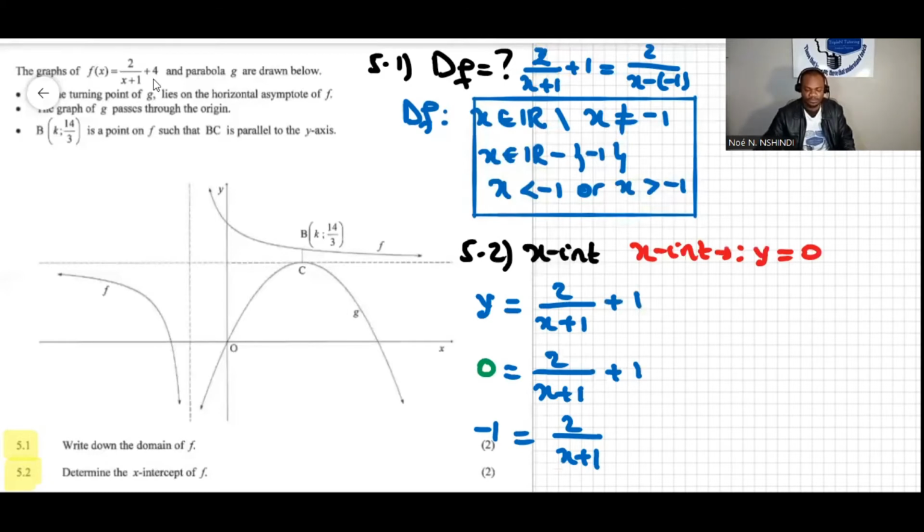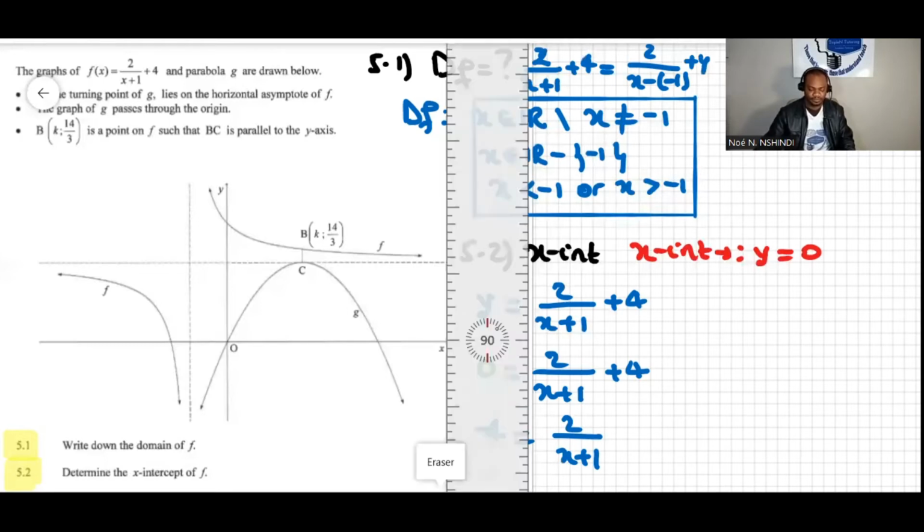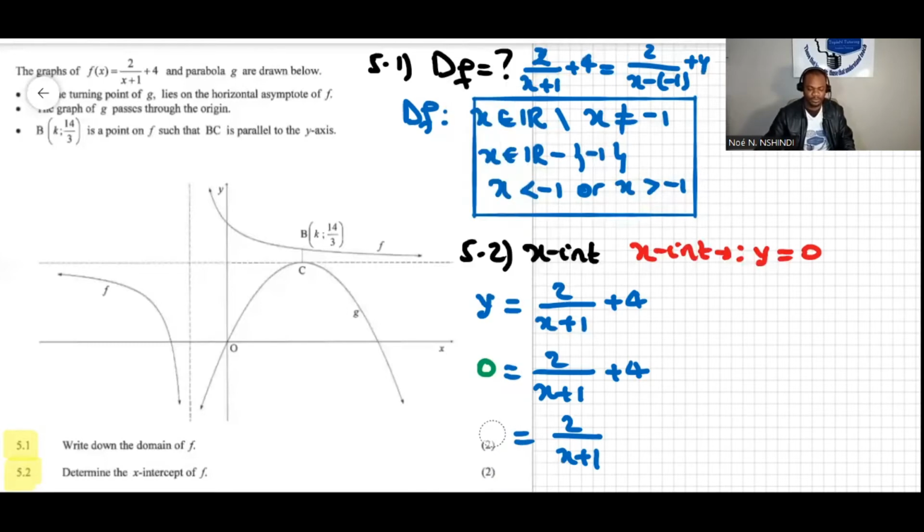So plus 4. It doesn't affect question 5.1 because it wasn't involved. Even if I wrote 1 here, it doesn't affect there. So yes, it's -4. When I move the 4 over, it becomes -4.